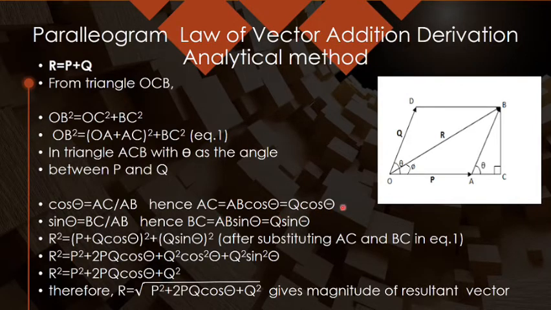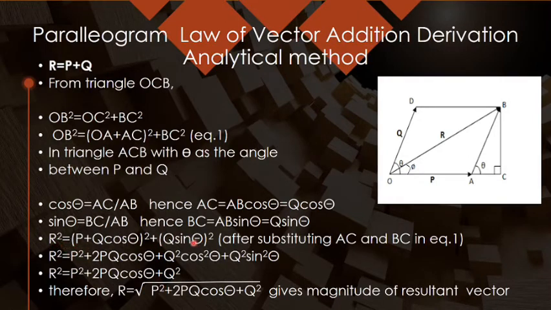Similarly, you can write sin theta, which is BC upon AB. So you can write BC equals AB sin theta, or Q magnitude into sin theta. Now if you put the values of AC and BC in this first equation, you are again getting the value of R square.